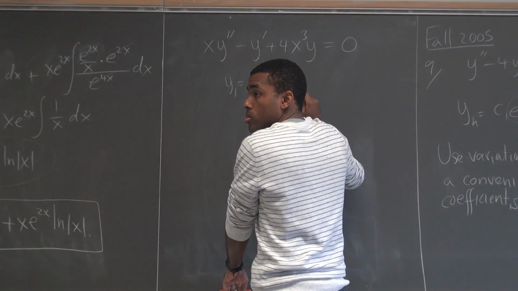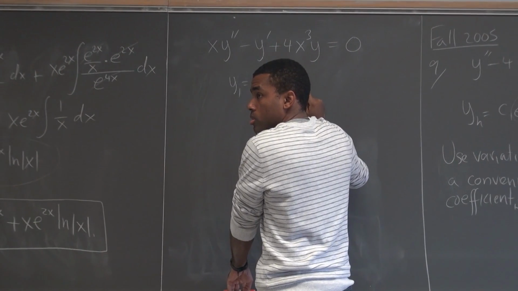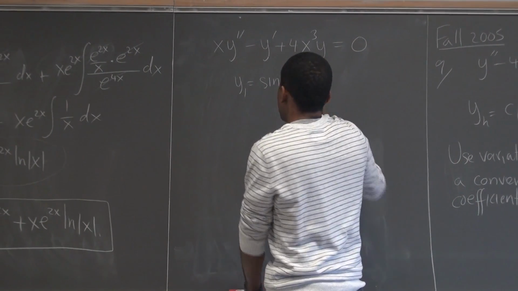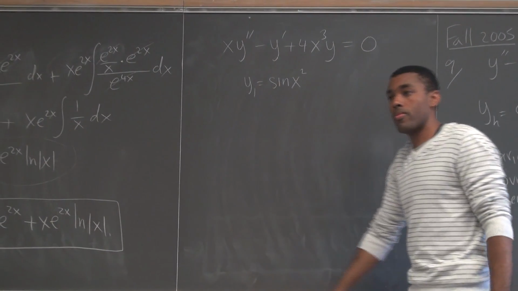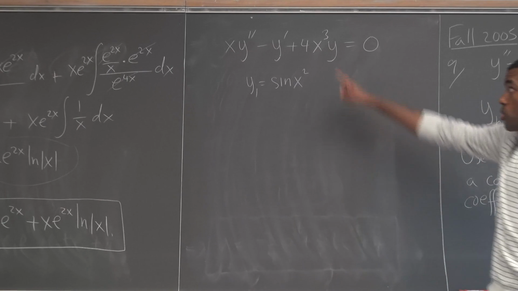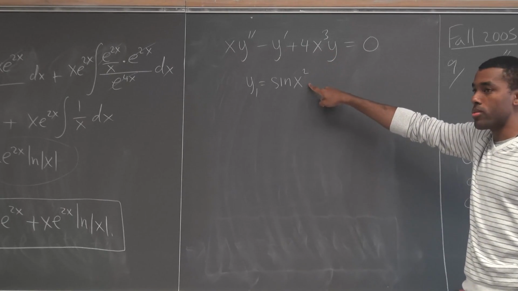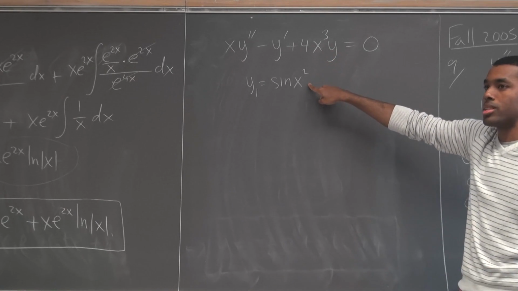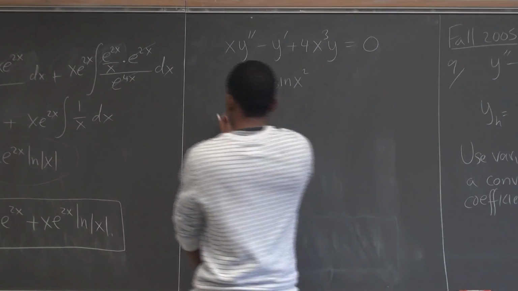So what was the question? To find the second solution. Okay. So how do we do this one? Reduction of order, right? Whenever they give you a differential equation, tell you one of the solutions, and ask you to find the other one that's linearly independent, it's reduction of order.